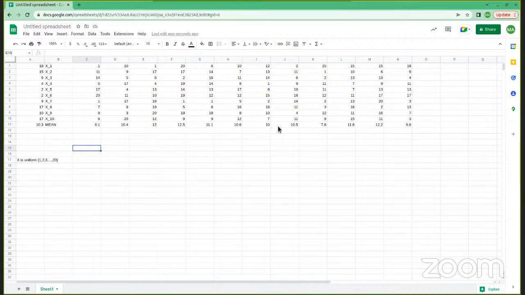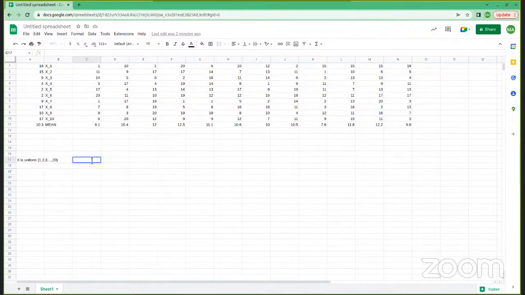As this is a random variable, it will have some expected value and some variance. The expected value of this sample mean will be the mean of the actual distribution. So what is the mean of X, uniform 1 to 20?